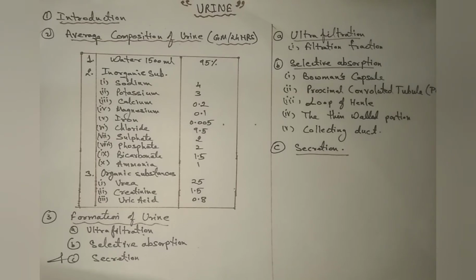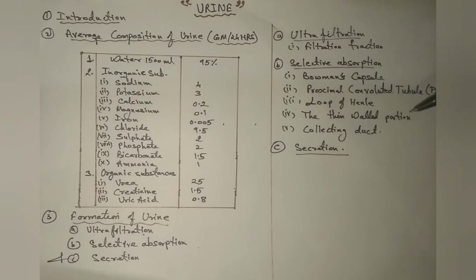The fluid which reaches the Bowman's capsule after filtration is called glomerular filtrate or nephric filtrate. The glomerular filtrate contains useful substances like glucose, salts, proteins, amino acids, etc. Only colloidal proteins cannot filter through the wall of blood vessels and wall of Bowman's capsule because their molecules are very large.